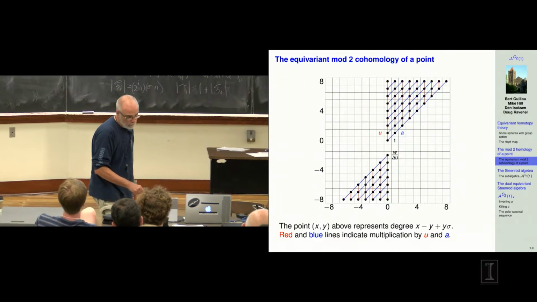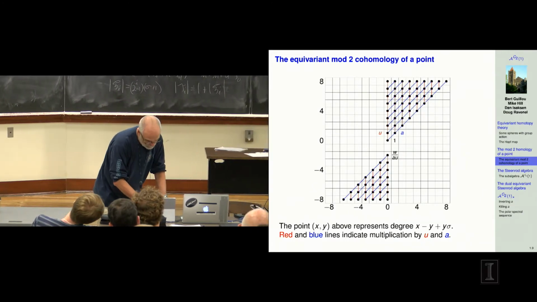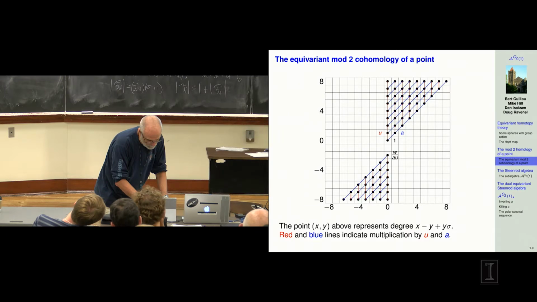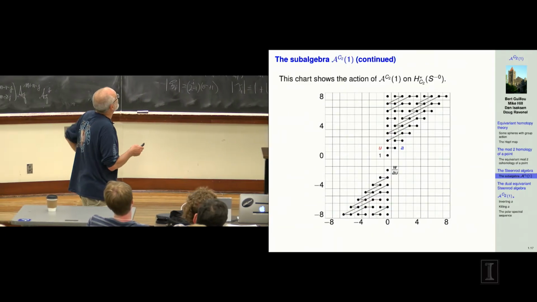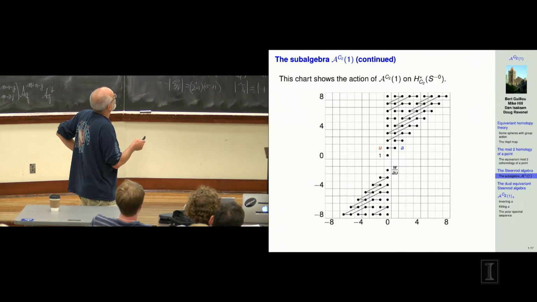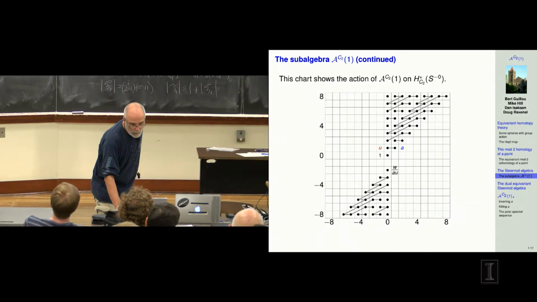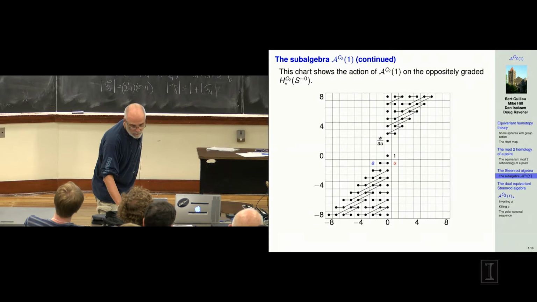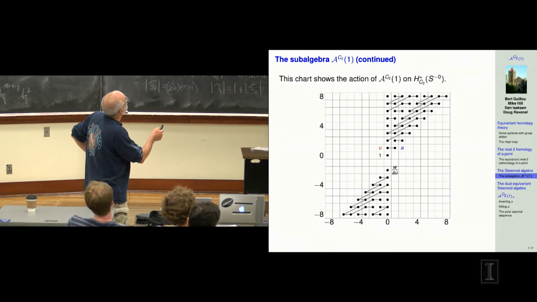Here's the chart of the coefficient ring that I showed you before, and now in the chart I'm going to show you, the red and blue lines are removed, and instead we have lines indicating the action of square 1 and square 2. So the horizontal line is square 1, and this line of slope 1/2 is square 2. Now this is acting on the cohomology of the sphere spectrum.